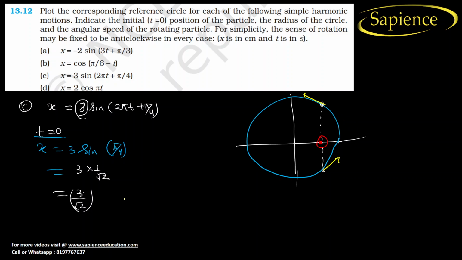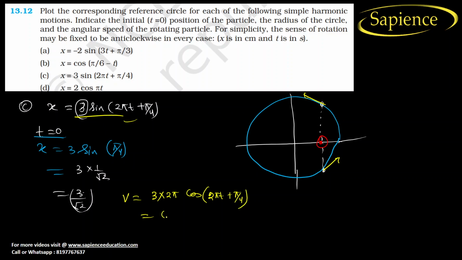So finally, if we want to calculate velocity, we differentiate this equation. So this will be 3 into the differentiation of sine, which gives 2 pi into cos of 2 pi t plus pi by 4.